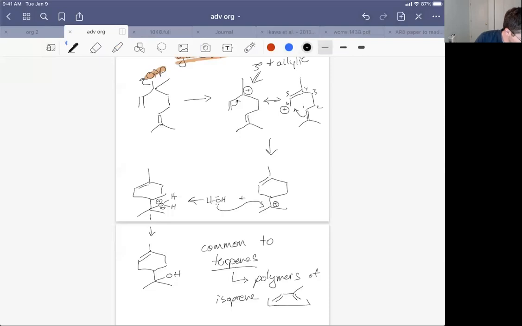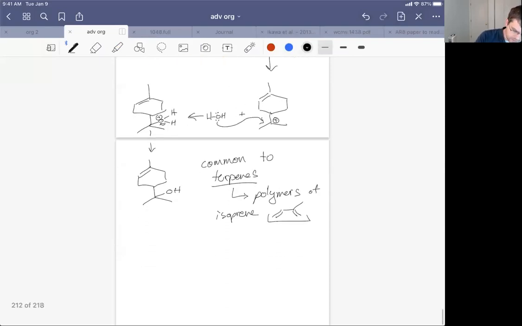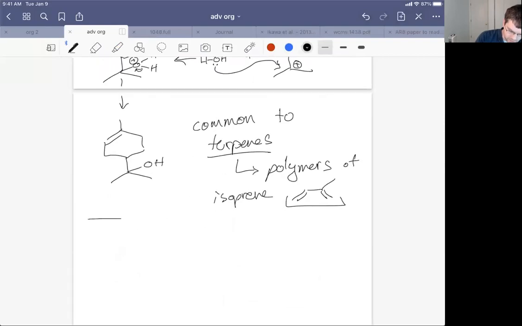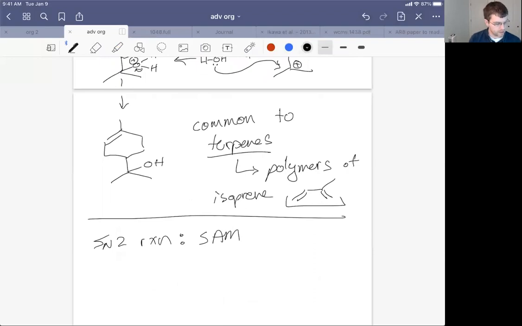Let's get back to the chemistry here. If that's an SN1 reaction, we can do our old favorite, the SN2 reaction. So ATP turns out to use an SN2-like reaction with the diphosphate being a good leaving group, but we can also use SAM.